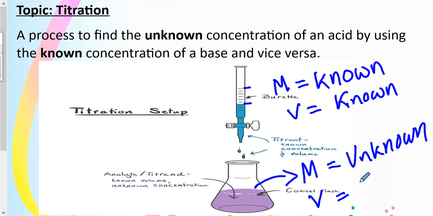Now, that's the process. So if we wanted to figure out any unknown concentration of an acid or a base, we can do titration. And that's the whole process that we are going to talk about.